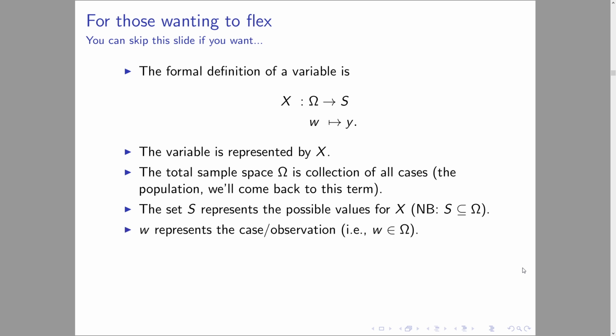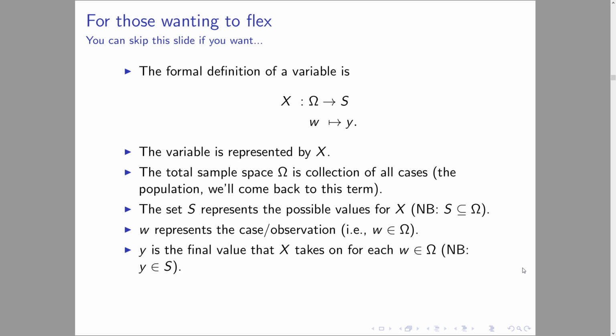W represents the case or observation. It's effectively one of the rows that we saw in the dataset example above. And just to note that W, an observation, belongs in our total sample space omega. And little y is the final value that the statistical variable X can take on for every observation W that we see.